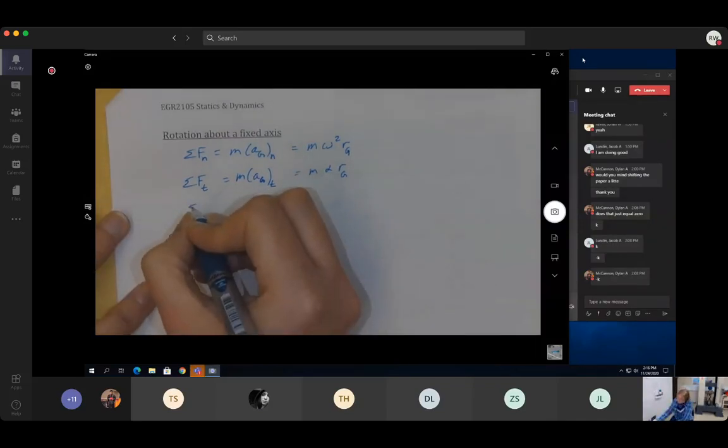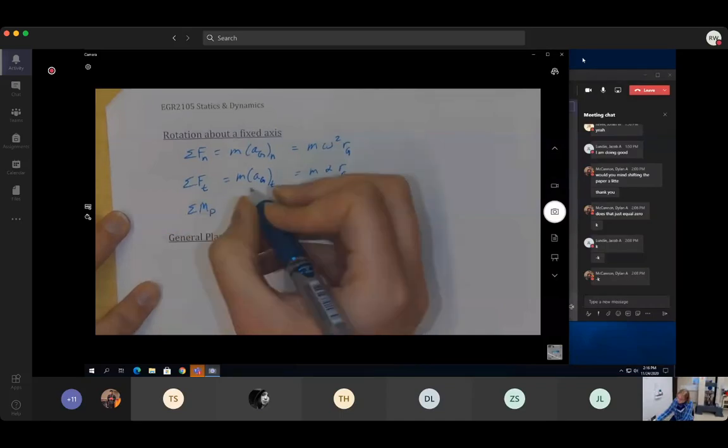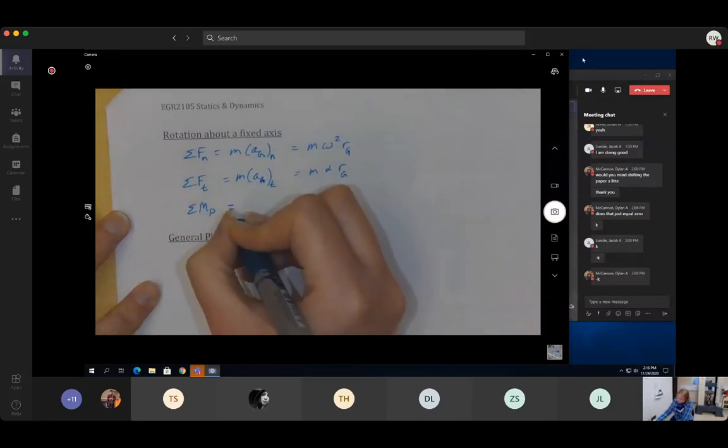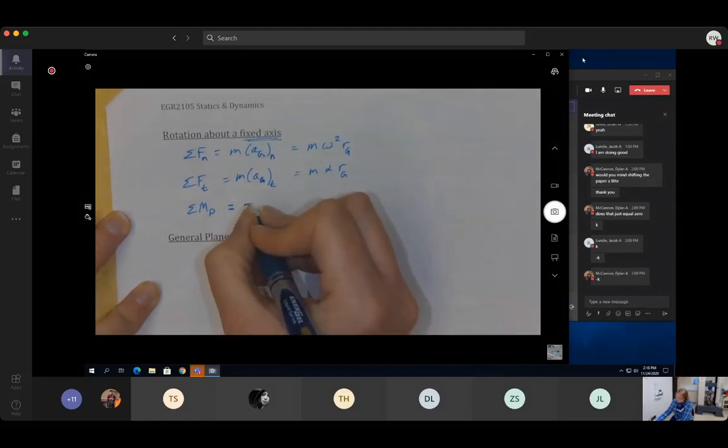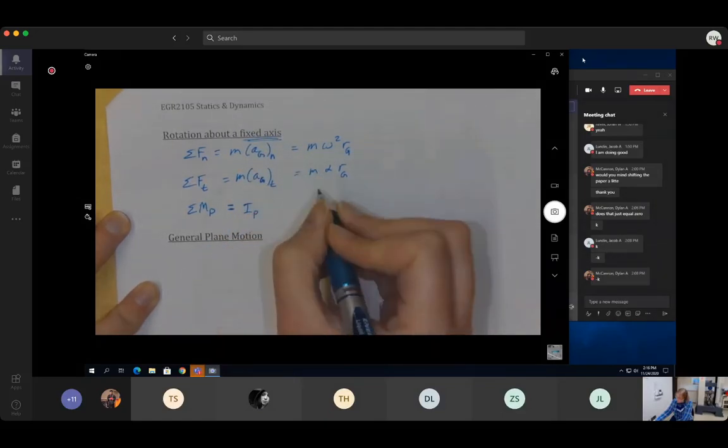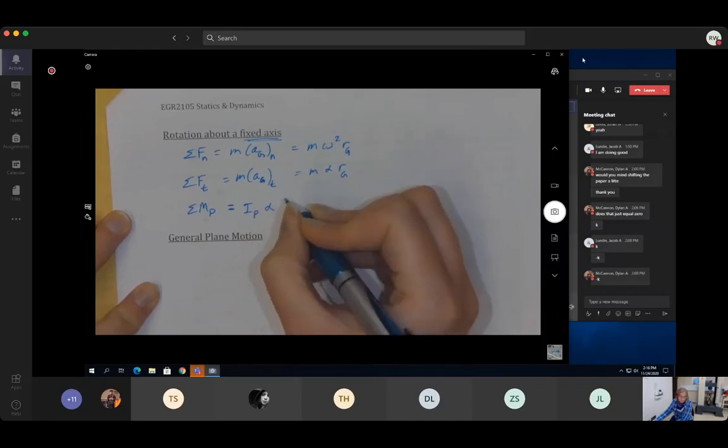And then if we sum moments about the axis we're rotating about, we have moment of inertia about that point times alpha.